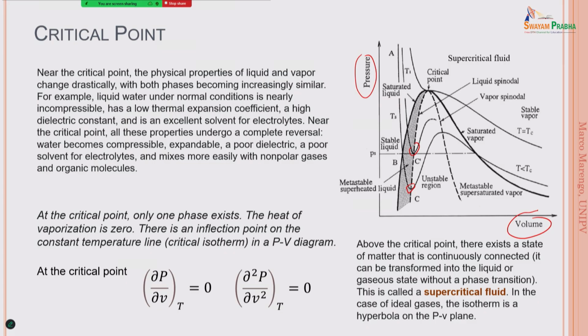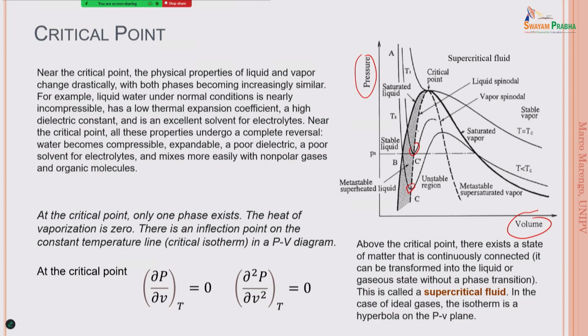So the enthalpy is the same, the specific volume is the same, the internal energy is the same between gas and liquid at this point. Also, there is an inflection point.